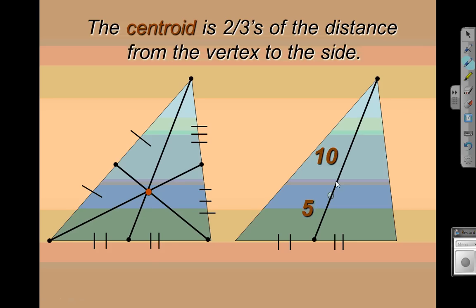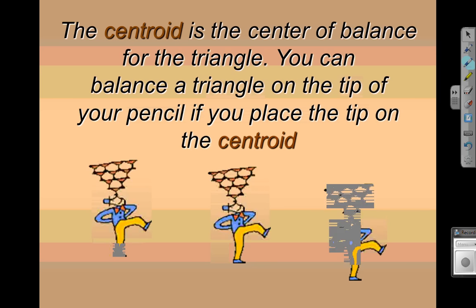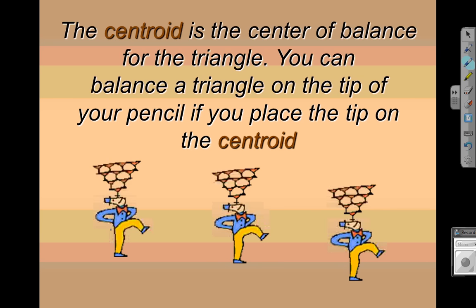If this is 5, then this is 2 5s. What would x be if this is 32? 16. The centroid is also the center of balance for the triangle. You can balance a triangle on the tip of your pencil if you place the tip on the centroid.